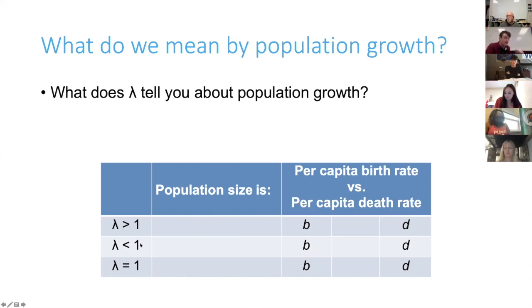And if it's less than 1, Katie? Decreasing, and d is greater than b. Yeah, correct. And in this case, the special case where the finite rate of increase is equal to 1, the population is the same. b and d are equal. Yeah, then you'll get turnover of individuals through time, but the total value of N, population size, stays constant. Good.